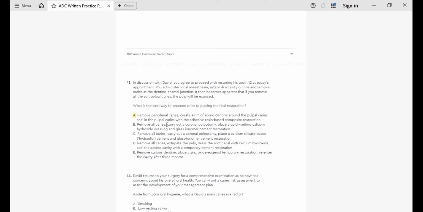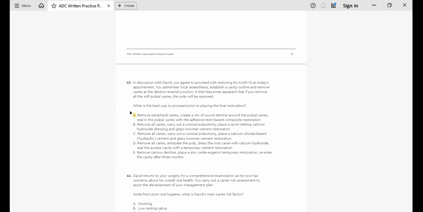B says remove all caries, carry out a coronal pulpotomy. That's why it's not B. We don't want to involve the pulp. And that is the reason why I last time suggested to read the 6 caries articles that are there in the useful caries folder. They are gold standard articles, and ADC has exactly answered this question according to what is mentioned in those articles. All right.